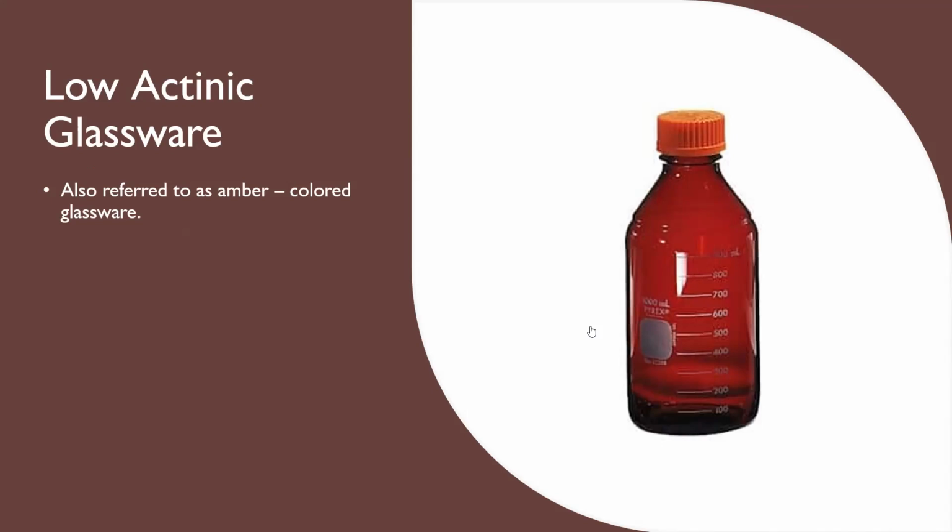Okay, take note. An amber bottle is usually colored red because of the density of the color red. It permits adequate visibility of contents, giving maximum protection from the light.